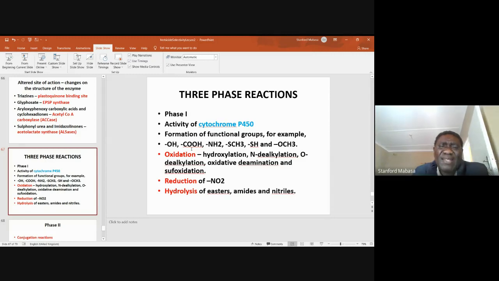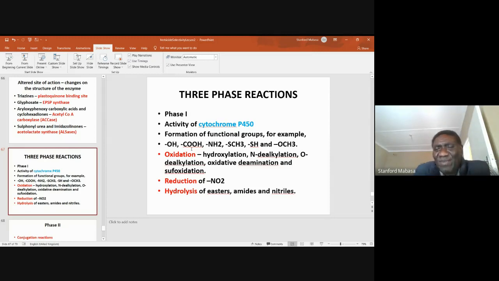Basically, phase 1 is the oxidation process. That is number 1. Number 2, it is the reduction process. Number 3, it is the hydrolysis. But oxidation has 5 processes, namely hydroxylation, dearylation, oxidative deamination, and sulfoxidation or thioether oxidation.